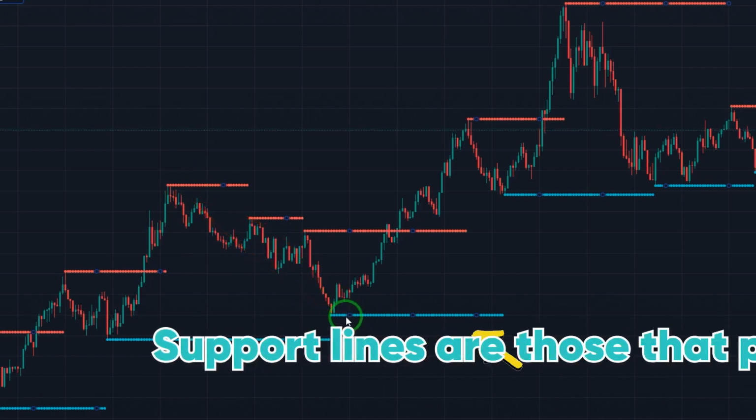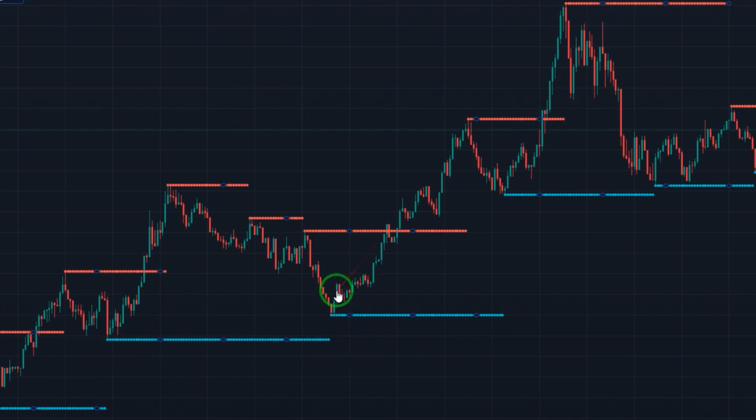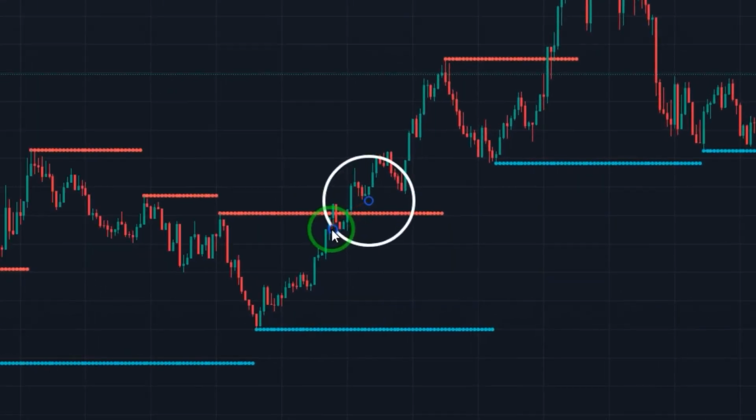Support lines are those that prevent prices from falling too much. Therefore, when the price hits these lines, it has two reactions. It can either break through these lines or bounce back from them. We use the break of these lines and consider these breakout points as entry points for our strategy.